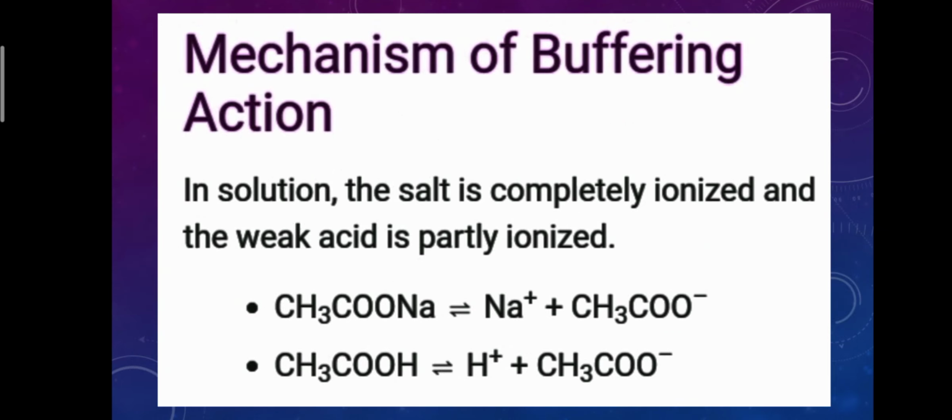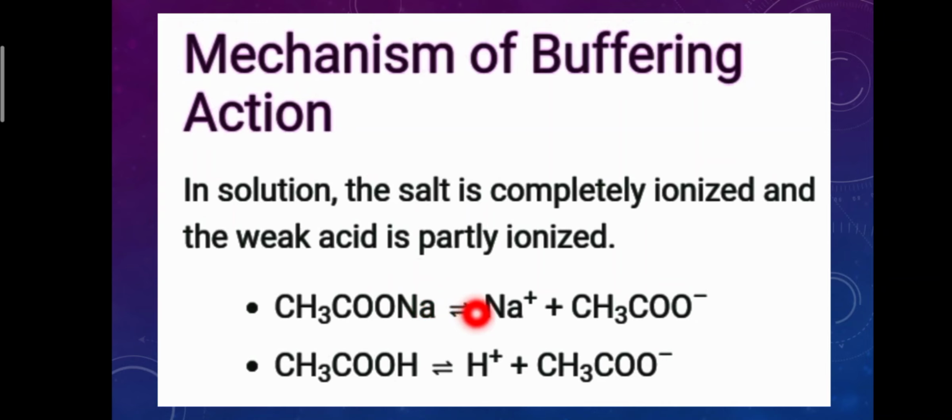The mechanism of buffering action. In solution, the salt is completely ionized and the weak acid is partly ionized. Take sodium acetate, which is a salt of a weak acid and a strong base.